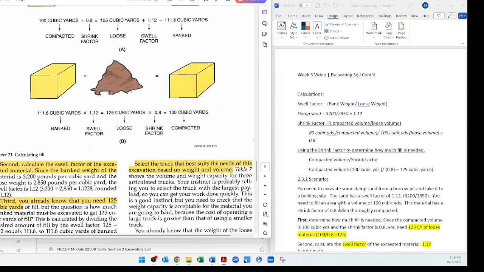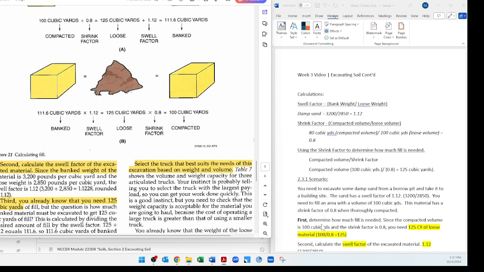You need to fill an area with the volume of 100 cubic yards. It's a hole in the ground, empty, but it's a 100 cubic yard hole. This material has a shrink factor, the material that you're going to put in there, of 0.8 when it's thoroughly compacted. This is what's going on here.